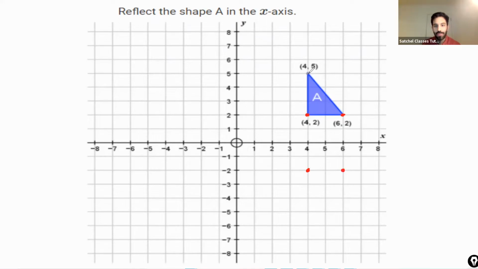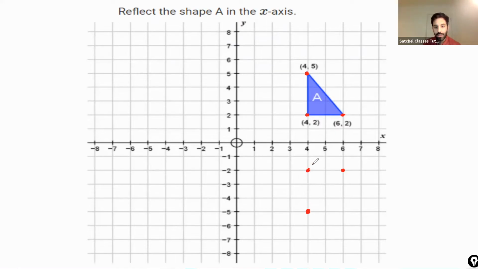And then we can go to our final point or final coordinate or corner. This corner is 1, 2, 3, 4, 5 squares away from the x-axis. So we need to go down 1, 2, 3, 4, 5 squares along the y-axis, I suppose, because we're going down.